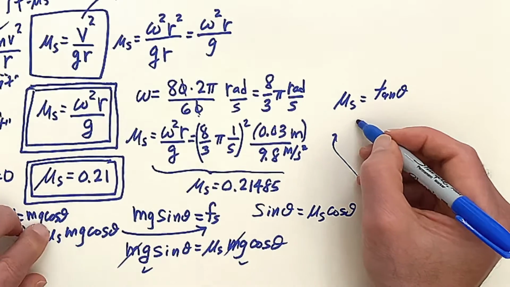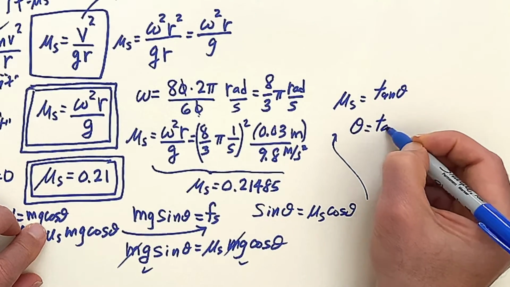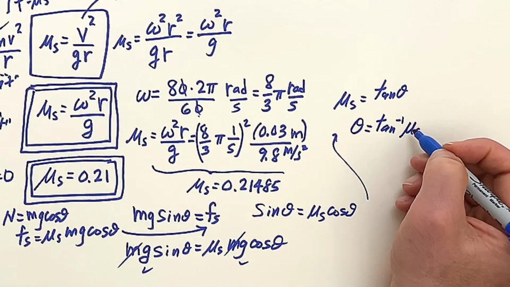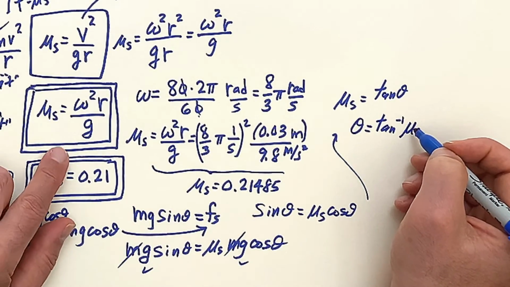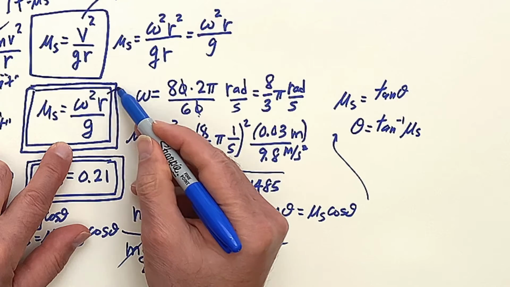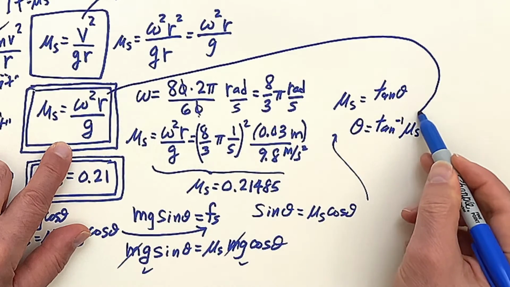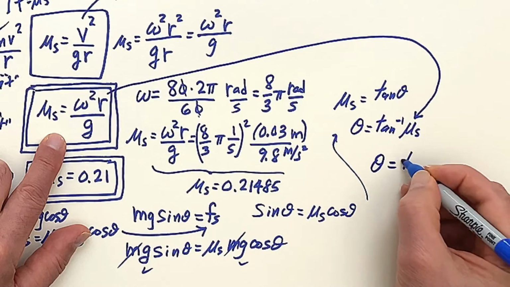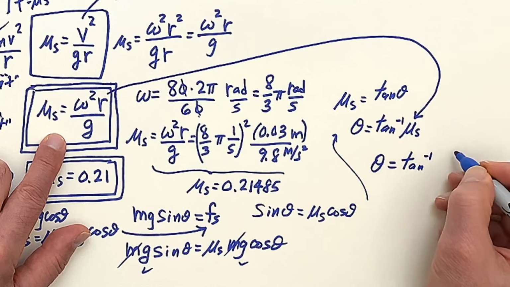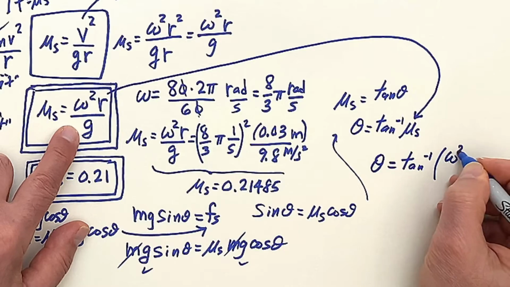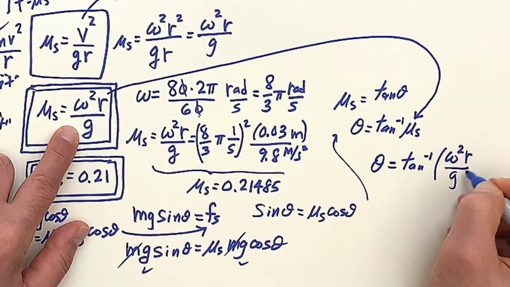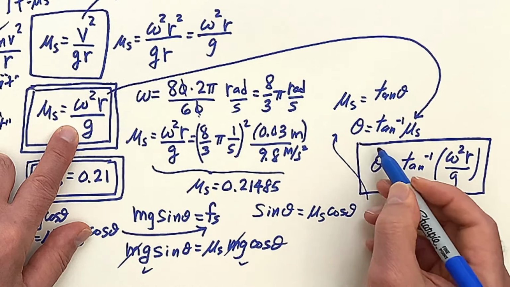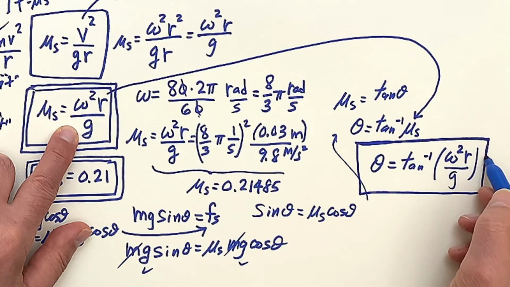So the angle is the arctangent of mu s, but we have mu s already in terms of the fundamental properties in the problem. So that means theta is the arctangent of omega squared r over g.